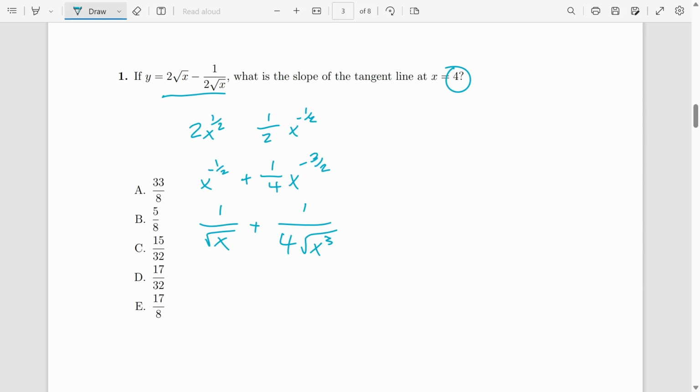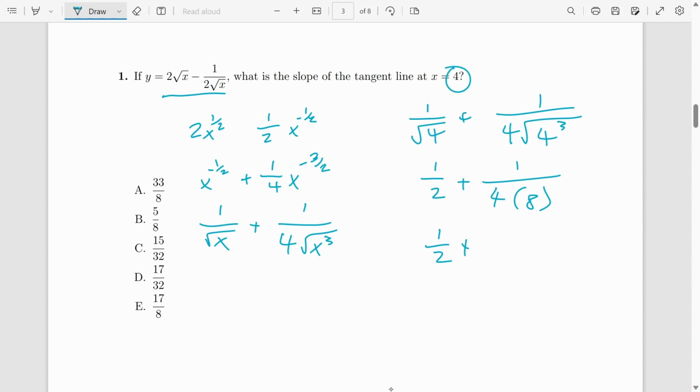So this becomes 1 over the square root of 4 plus 1 over 4 times the square root of 4 cubed. 1 over the square root of 4 is 1/2, plus 1 over 4 times, okay, 4 cubed is 64, and the square root of 64 is 8. So that's 4 times 8.